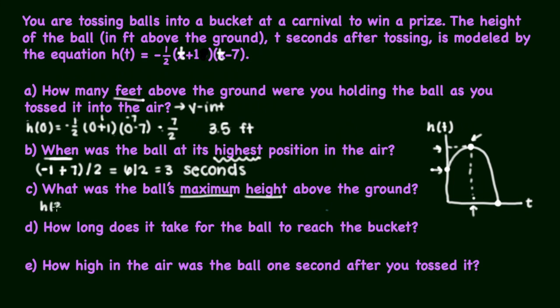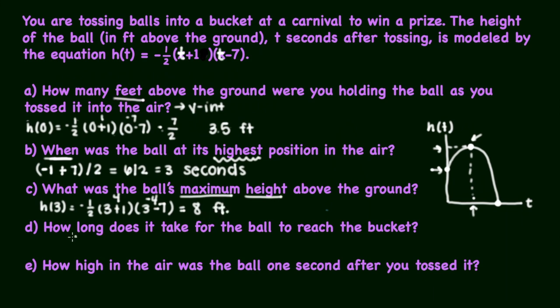So h of 3 is equal to -1/2 times (3 plus 1) times (3 minus 7). 3 plus 1 is 4, and 3 minus 7 is -4. 4 times negative 4 is negative 16, times negative 1/2 is 8. So the ball's maximum height above the ground was 8 feet.